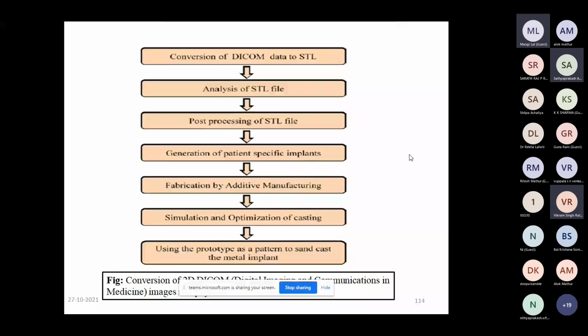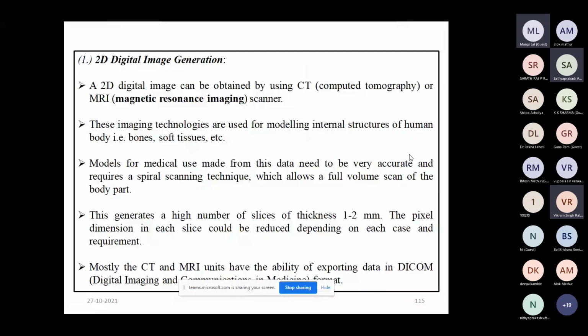So post processing of the STL file, then generation of patient specific implant compatible with the material, then simulation is done for the cast, the cast is generated, then the final casting and metal implants is done. Okay, so these are the process.